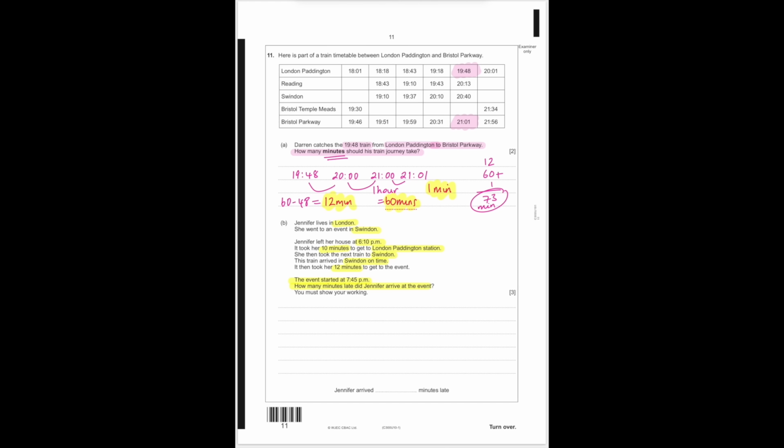Okay. So she left her house at 6:10 p.m. That's the first piece of information. So she left at 6:10 p.m. and it took her 10 minutes to get to the Paddington station. So when we add 10 minutes to 6:10 p.m., that gets us to 6:20 p.m. She caught the next train to Swindon. So let's have a look at the London Paddington.